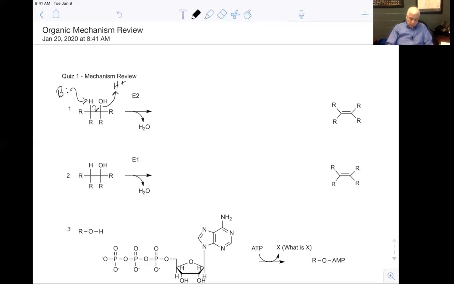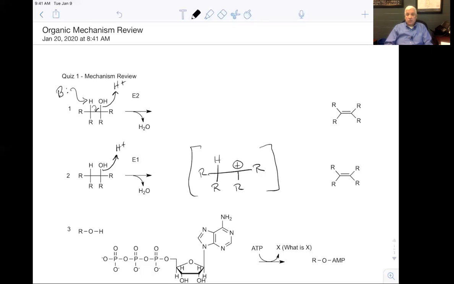If we take a look at the second reaction, again we're going to have an elimination, but this is an E1 intermediate. What happens in the E1 is the leaving group is the first to leave. We will rewrite the intermediate, and what we see on a carbon is a carbocation.